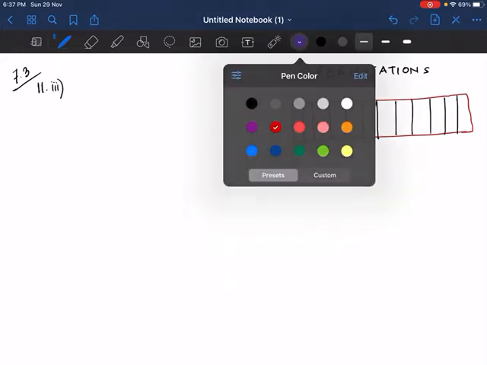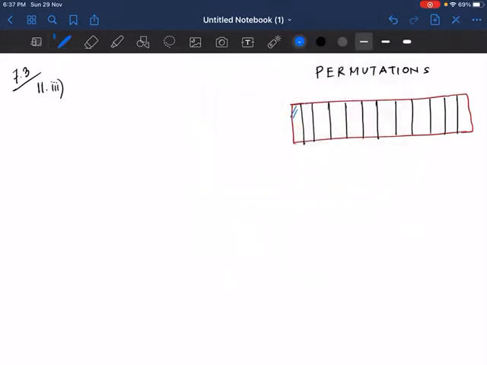Suppose I say that my P lies in the first compartment. So my S has to lie in the sixth compartment, 1, 2, 3, 4, 5, 6. Then only we have 4 letters between them.